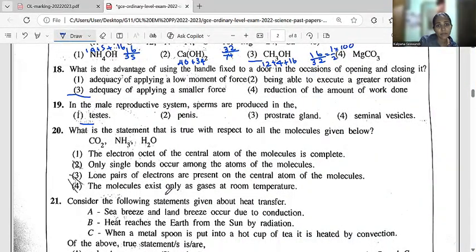What is the statement that is true with respect to all the molecules given below? Carbon dioxide, ammonia, water. The electron octet of the central atom of the molecule is complete. Let's draw CO2, NH3, and H2O.